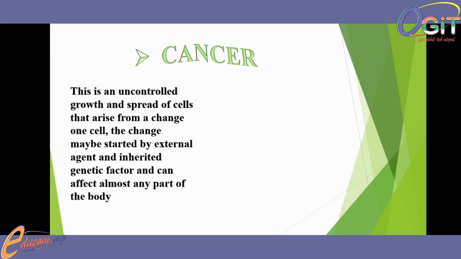The change may be started by external agents and inherited genetic factors and can affect almost any part of the body. It can affect the breast, the thigh, our arm, our hand. So cancer can affect any part of the body.